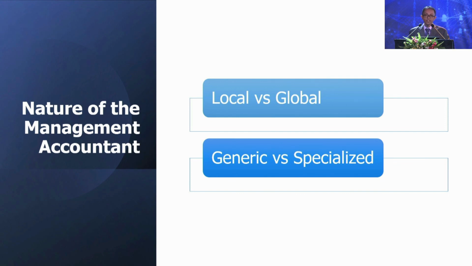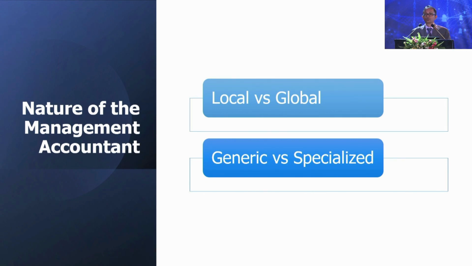Finally, we decided that the management accountant that the CMA would produce will be conversant with the local knowledge, local taxation system, the local reporting system, and the local culture. At the same time, he or she would be able to work in a global setting. So basically, we are producing localized management accountants.